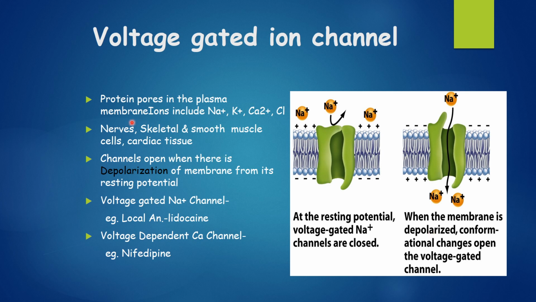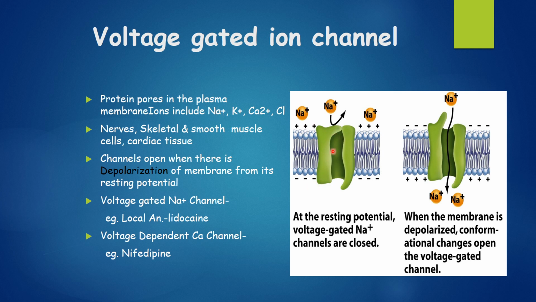The protein pores in the plasma membrane include sodium, potassium, calcium and chloride. So the 4 different voltage gated ion channels are sodium channel, potassium channel, calcium channel, chloride channel. Mainly seen in nerves, skeletal and smooth muscle cells and cardiac tissues. The channel opens when there is a depolarization of the membrane from its resting potential. I have told you resting potential means the outer part is positive and the inner part is negative.